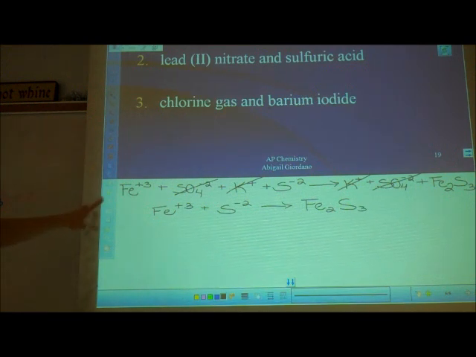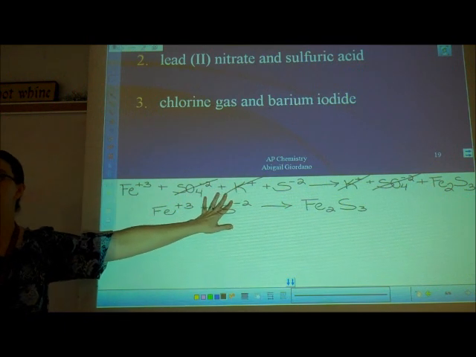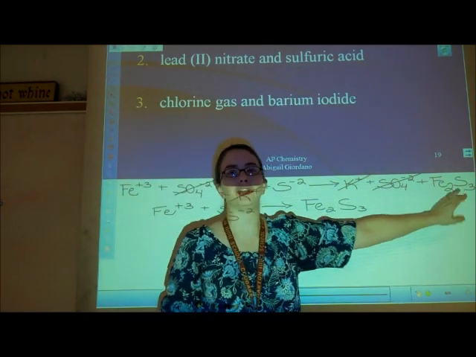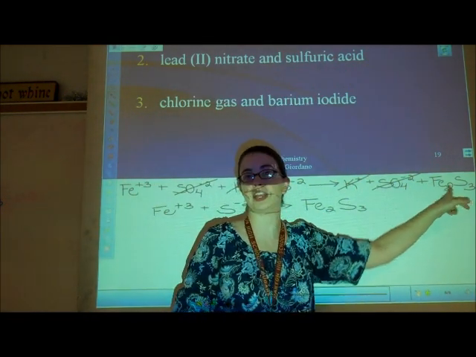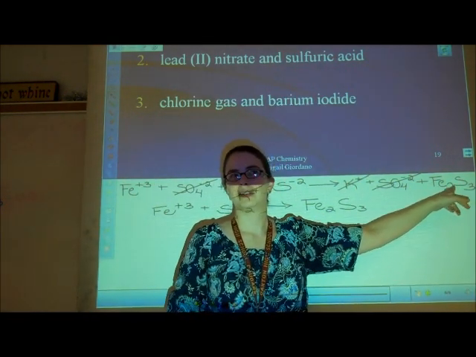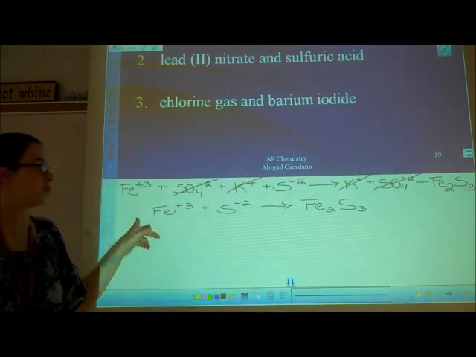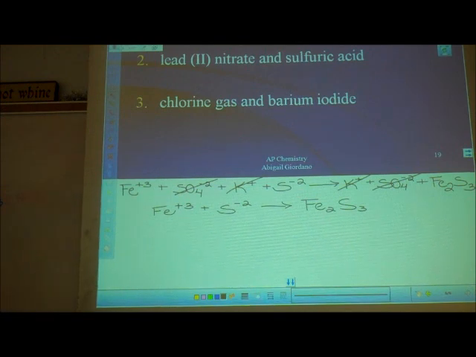Can you all see? Just want to point this out to you. If all 4 compounds were found to be soluble and this one did not stay together, wouldn't everything cancel out? Yeah? You know what your answer would be if that happens? No reaction. If that ever happens, no reaction. If everything cancels out. That wasn't the case here.